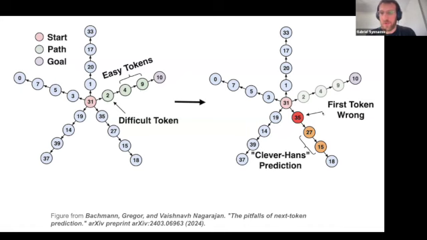If you make the wrong choice for your difficult token, you're on the wrong path with a purely autoregressive loss. Whereas if you have to predict further ahead, you have this look ahead, and maybe you will avoid taking those surprise wrong-choice tokens. We have a bit more explanation about this in the paper.